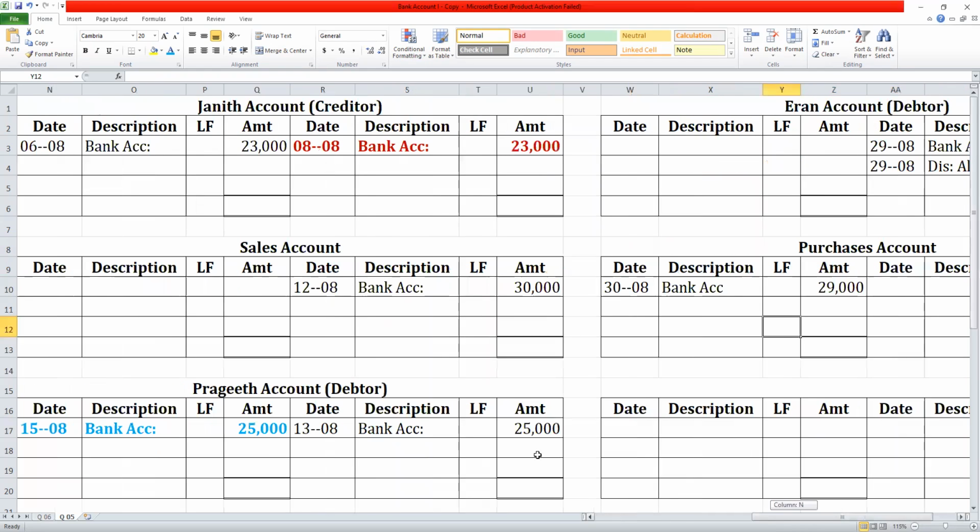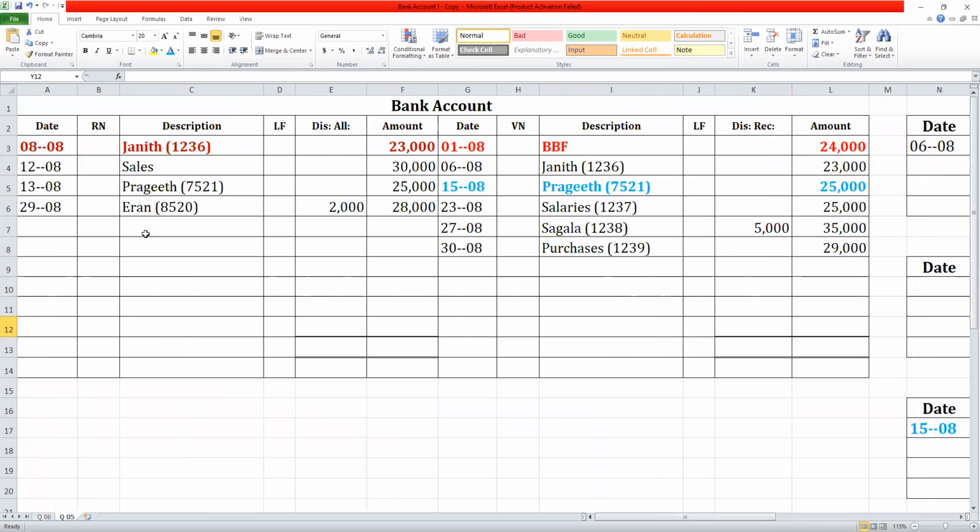That is 31st of August, received commissions, and it is a cash receipt. It's a deposit. Debit the bank account. Commissions received, and the check number is 6325.